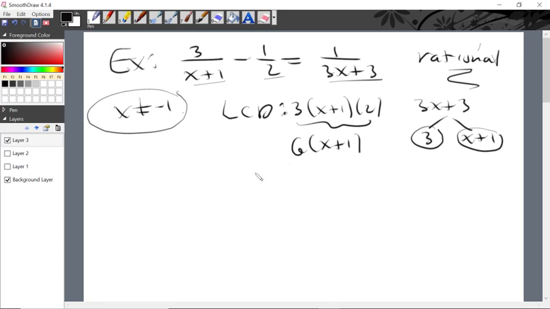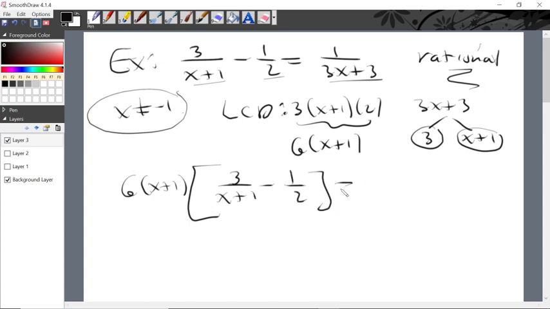So, see what happens if we multiply both sides by 6 times x plus 1, the LCD. We have 3 over x plus 1 minus 1/2. On the right-hand side, we have 6 times x plus 1, which is going to get multiplied by 1 over 3x plus 3, and I'm going to factor that into 3 times the quantity x plus 1 for simplicity here.